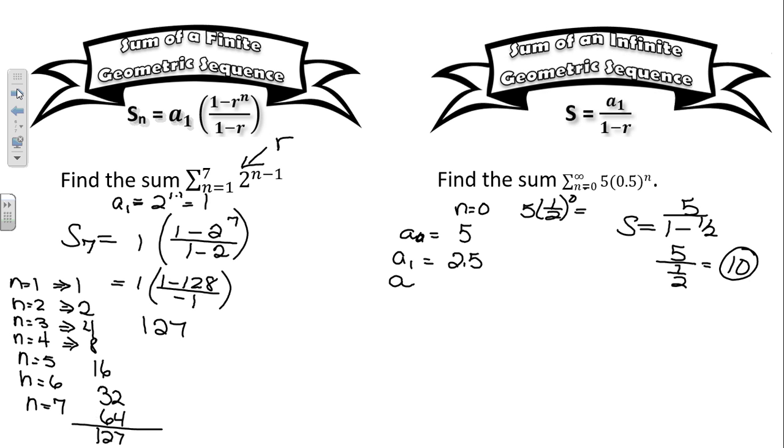A sub 2 is going to get us 5 times a fourth, so that's going to be 1.25. And a sub 3 will be 0.625. Okay? And then we keep going, right? Eventually, it will add up to 10. But you're much, much better off using this formula. Okay? Questions on this one?